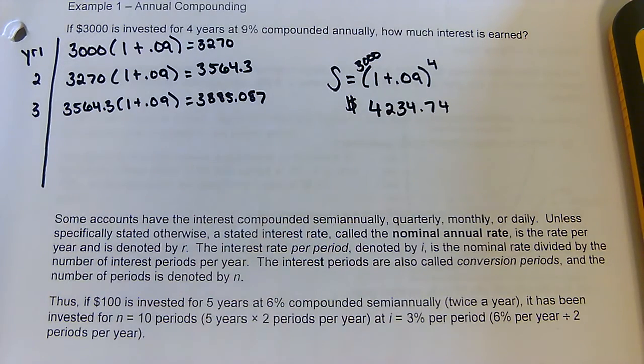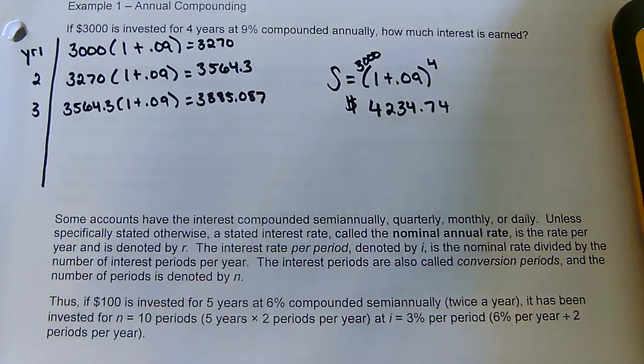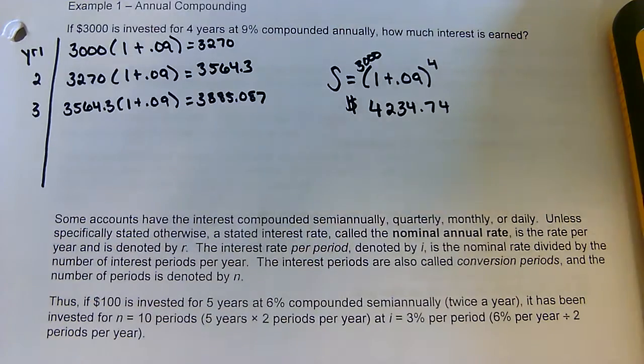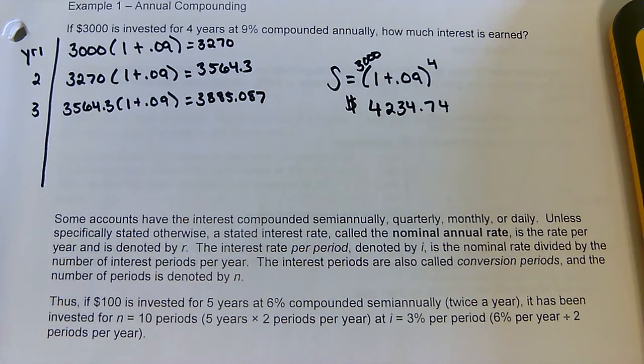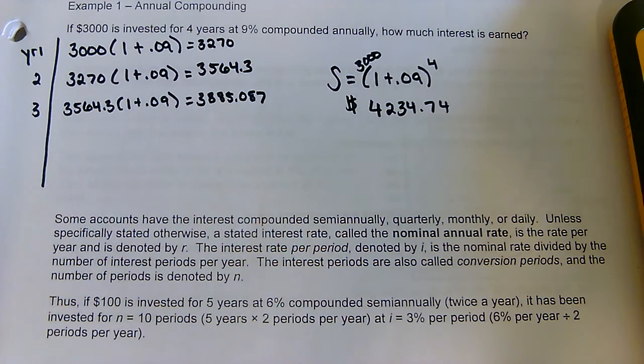So let's say you have a credit card and you get a monthly bill. They take your new balance each month and compound that interest. So they would take the annual interest rate divided by 12 to get your interest rate per period.